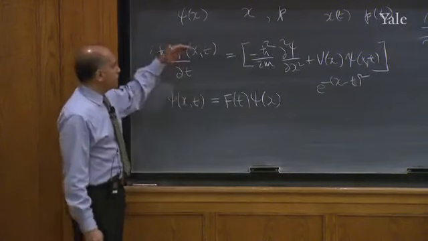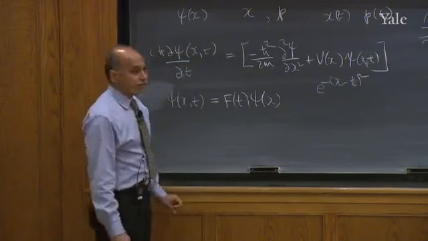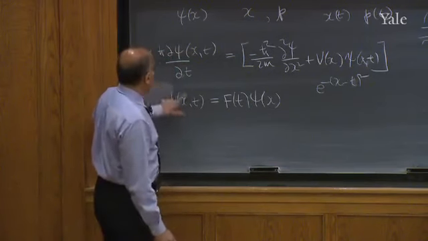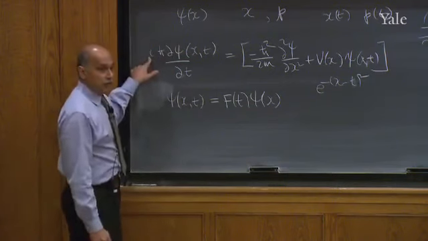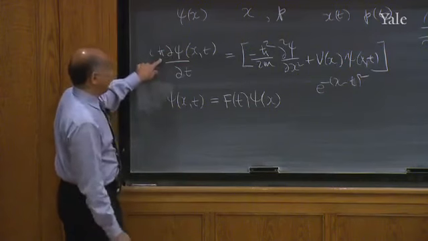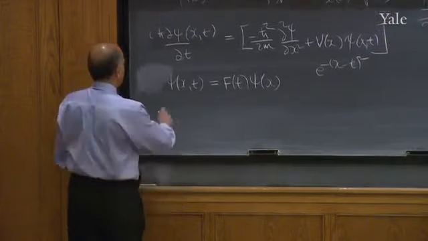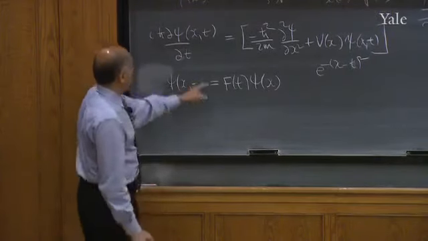I'm trying to see if this equation admits solutions of this form. So let's take that and put it here. Now here's where you've got to do the math. Take this psi and put it here and start taking derivatives. Let's do the left-hand side first. Left-hand side, I have i h bar. Then I bring the d by dt to act on this product.